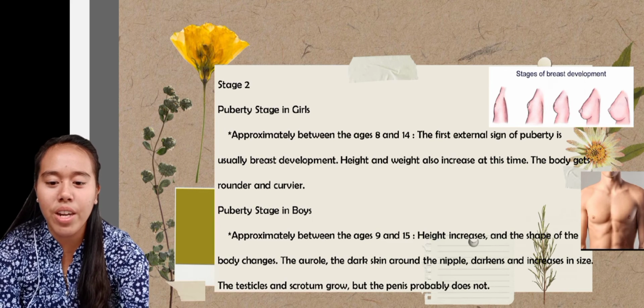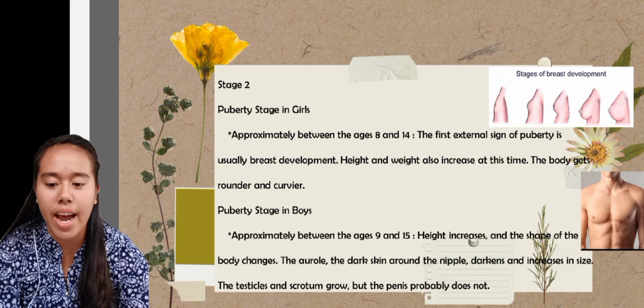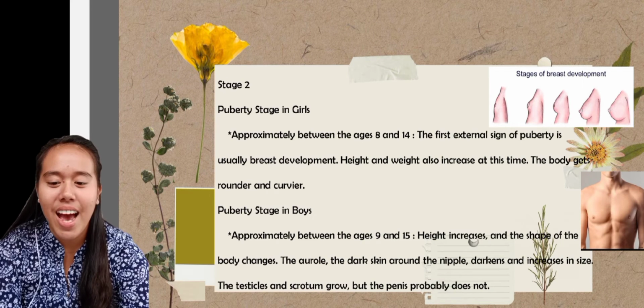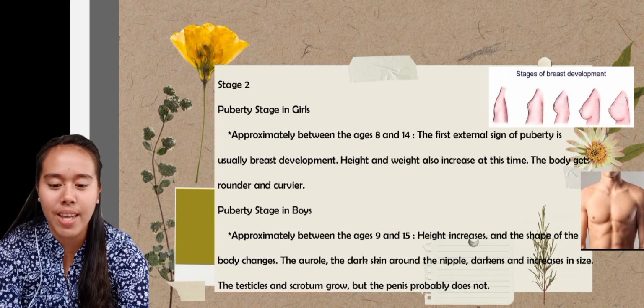Next, the area around the nipple, or the areola, will increase in size. The first stage of pubic hair may also be present at this time, and it may be coarse and curly or fine and straight. And lastly, height and weight increase at this time, and the body gets rounder and curvier.